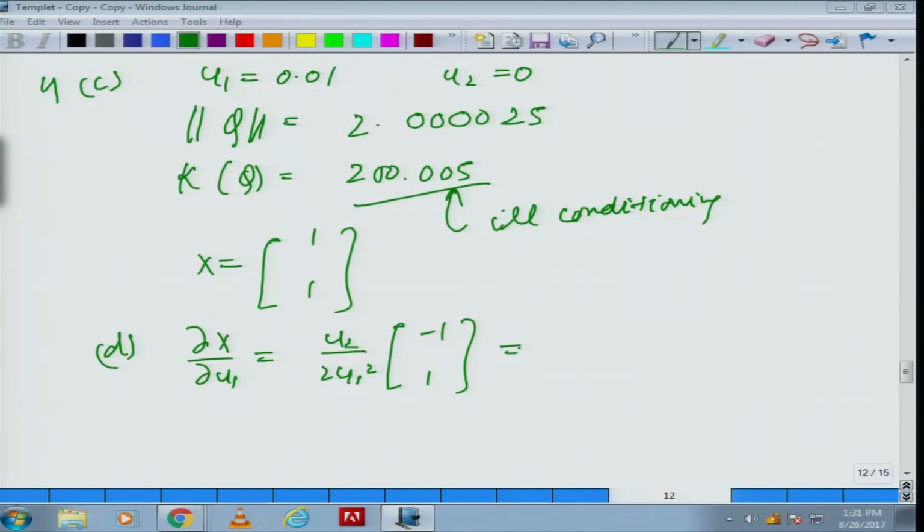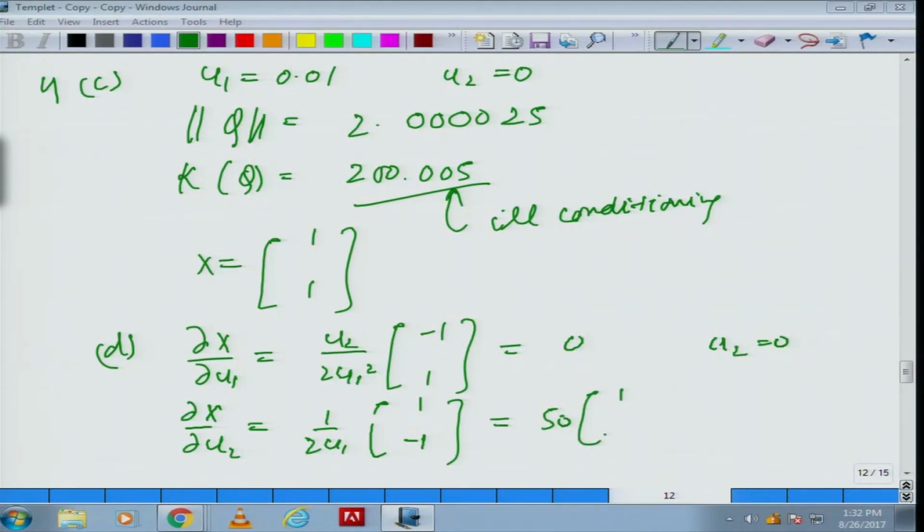On putting the values of U2 and U1, you simply get 0 because U2 is equal to 0. Further, when we do del x by del U2, we get 1 upon 2 U1, minus 1 upon 2 U1, which gives us 50 and minus 50 because U1 is equal to 0.01.